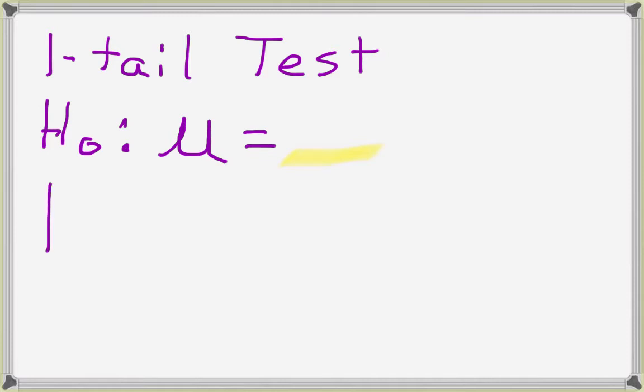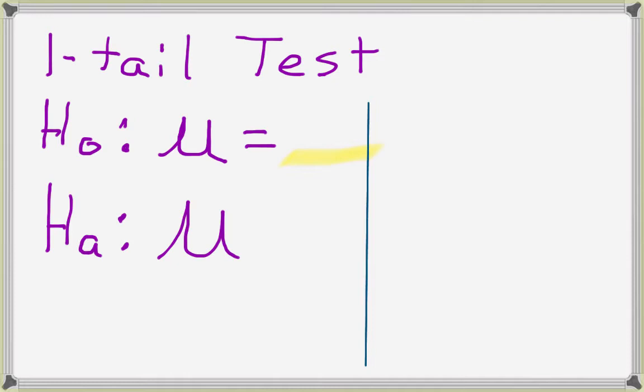Now, depending on how it reads in the problem, the alternative to being equal to could be one of two things. Let's say you're reading a claim or reading a problem, and you suspect the claim to be greater than the claim. So you're going to say, in the alternative, mu is greater than, I think it's greater than this, or that's what we suspect.